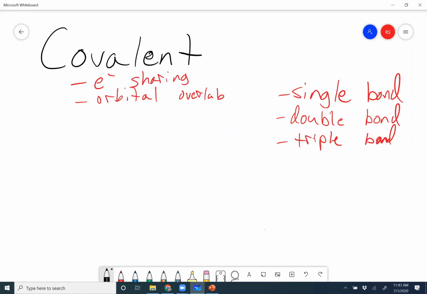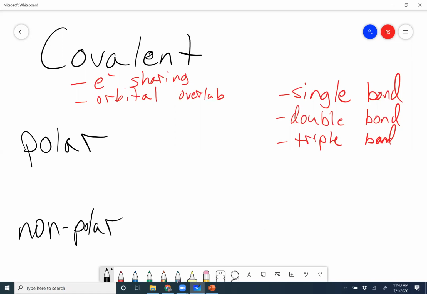Now when it comes to sharing, you can have what's called equal sharing and unequal sharing, otherwise known as non-polar and polar. Polar covalent bonds are what happens when the electronegativity difference is larger than 1.6 or 1.7.